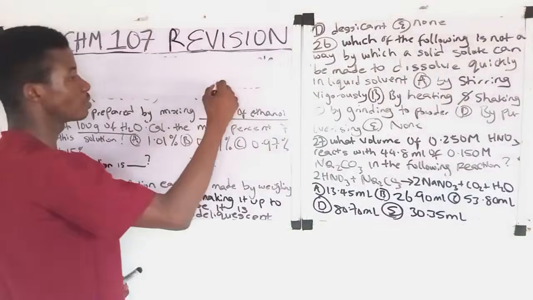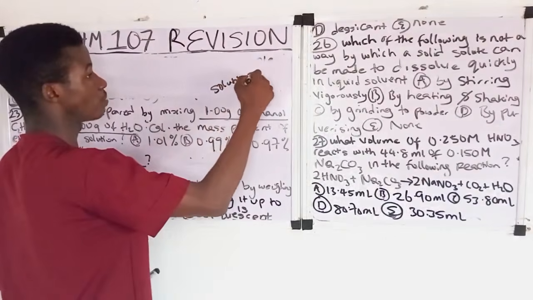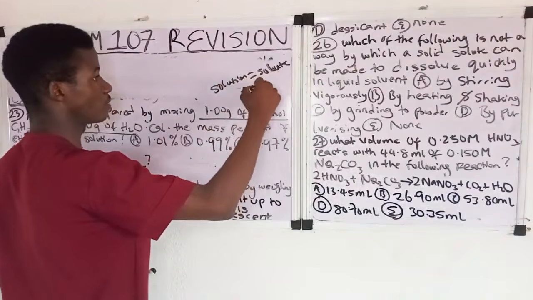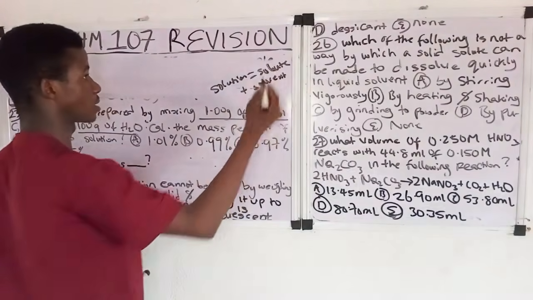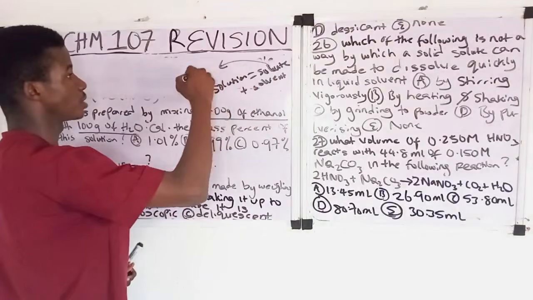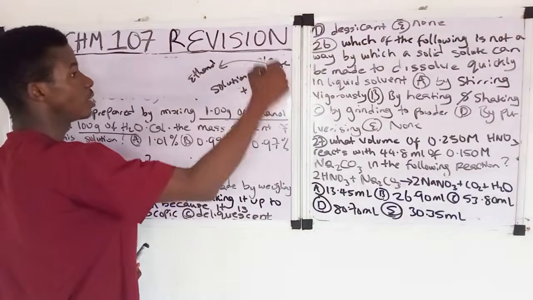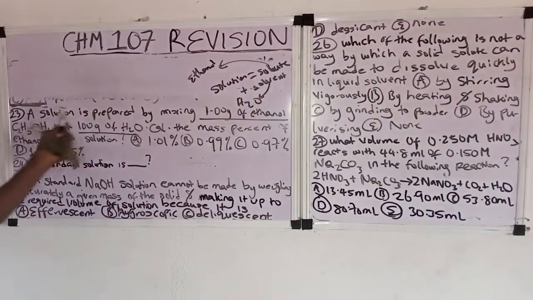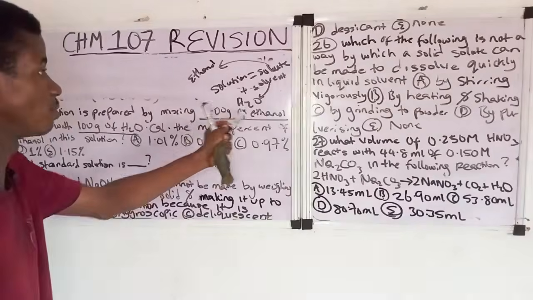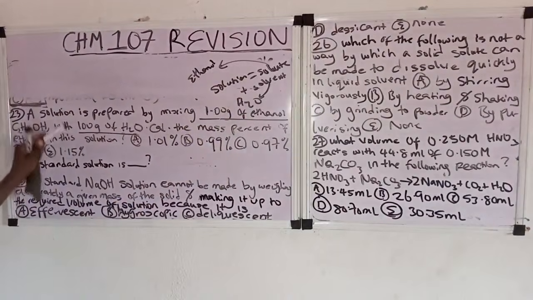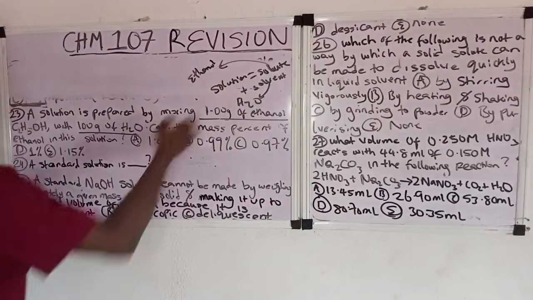Remember, a solution is made up of the solute plus the solvent. The solute here is ethanol, and the solvent is water. So 1 gram of ethanol, the solute, is mixed with 100 gram of water, the solvent.